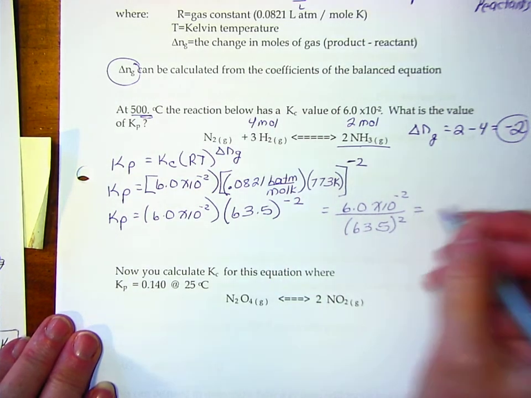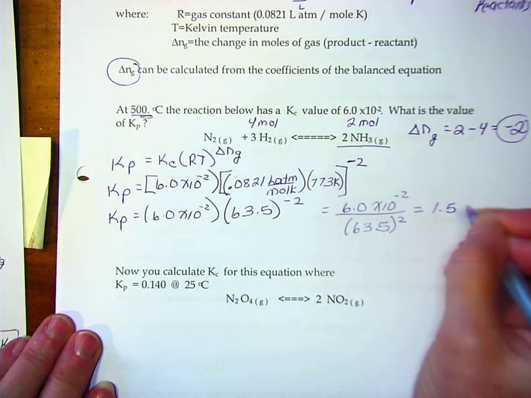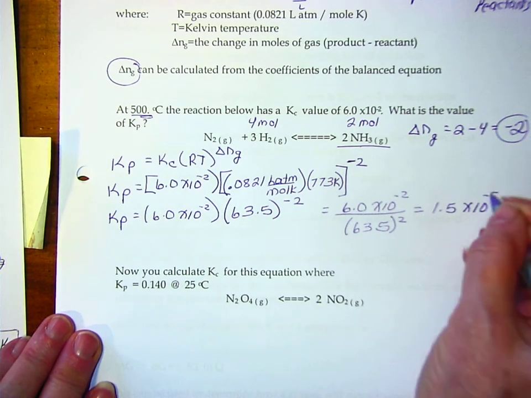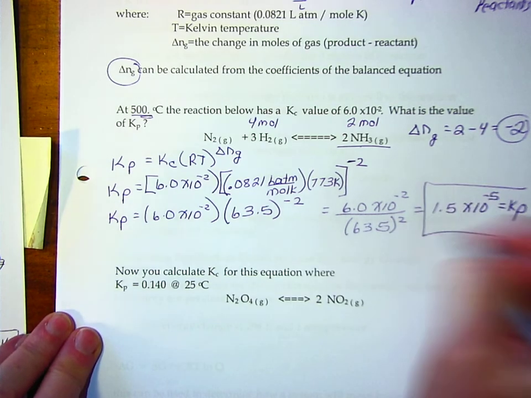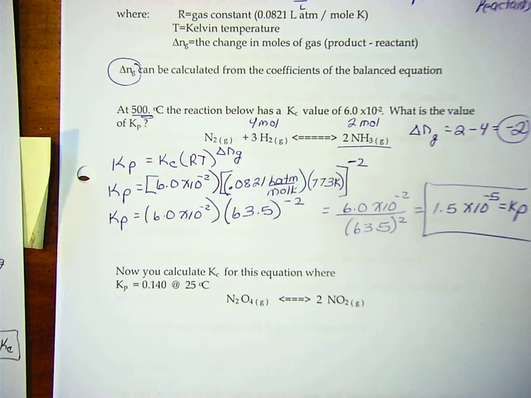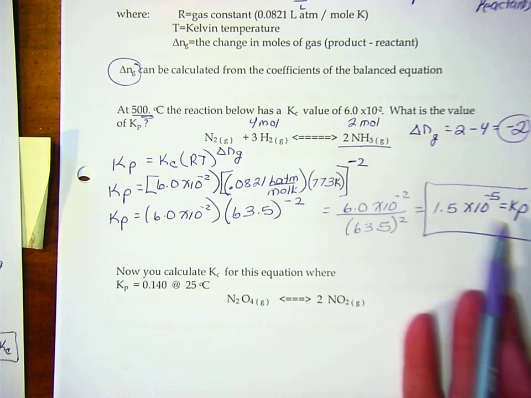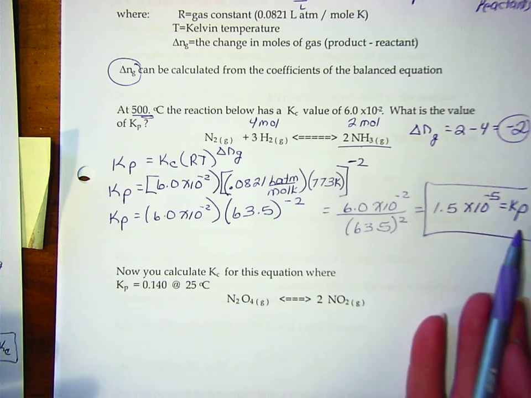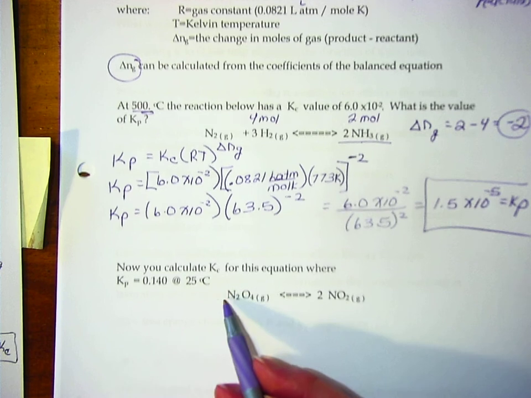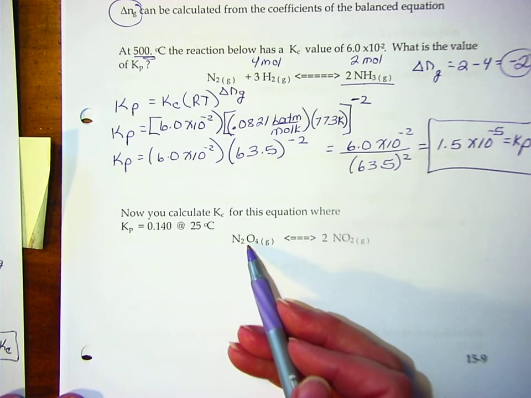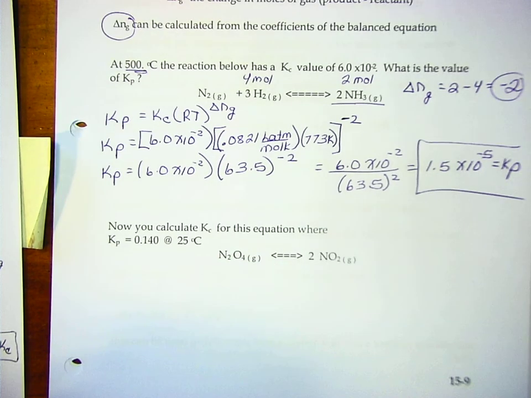Now I can plug that in. 1.5 times 10 to the negative fifth is equal to K sub P. And it's always hard trying to figure out if you have a reasonable answer. Since K sub C was reasonably small, we'd expect K sub P to be fairly small as well. So now go ahead and try this next one. Go ahead and stop this video. I will show the solution on the next video.